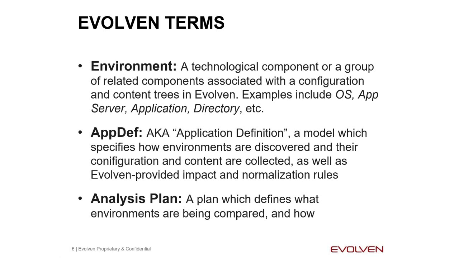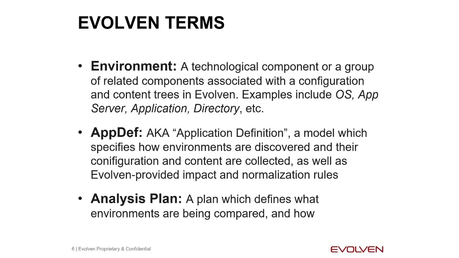So an operating system, or an application server, or an application that's deployed in an app server or a web server, or a specific directory, these are all environments. In the examples I'll show, we'll see folders that are represented as environments, and that's going to be relevant when we show these rules.